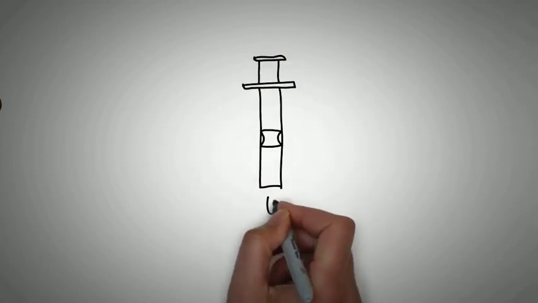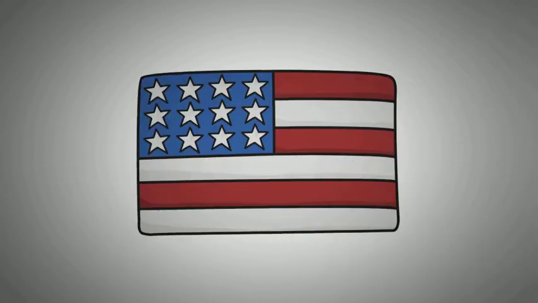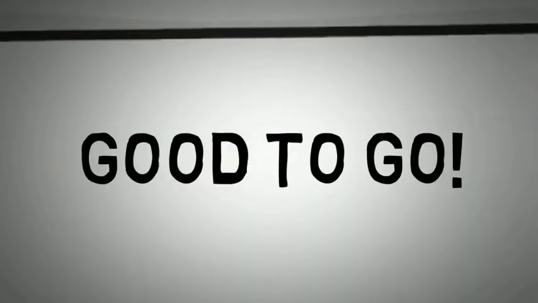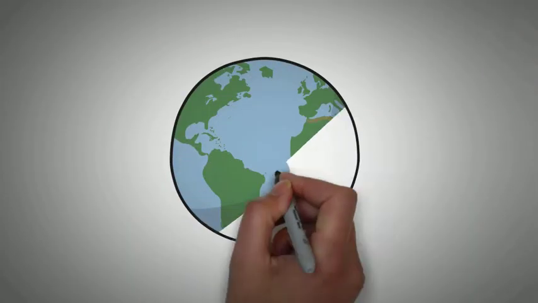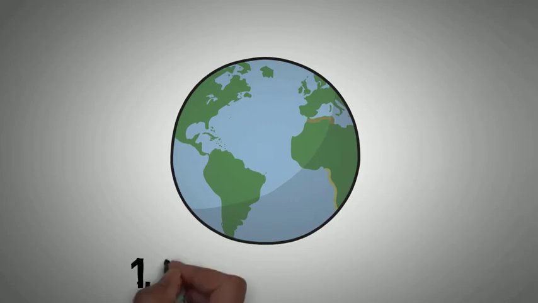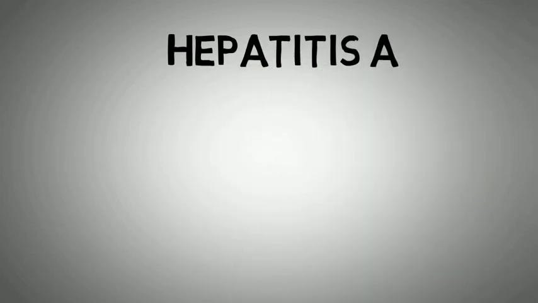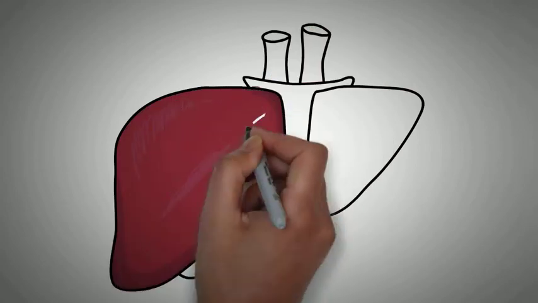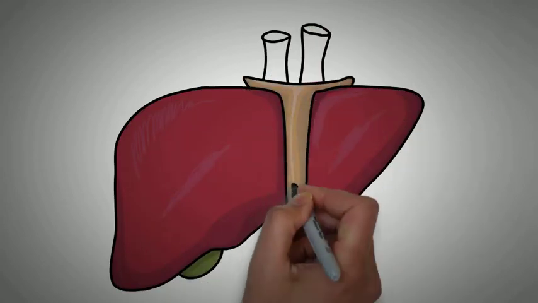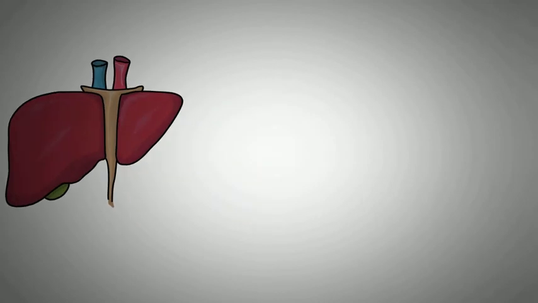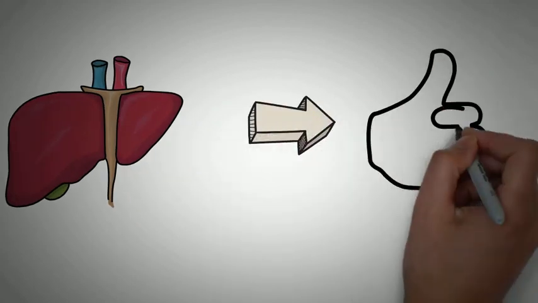Now, while there is a hepatitis A vaccine, and it has helped to make the infection rare in the United States and other developed countries, it is still commonly reported throughout the world, with more than 1.4 million cases each year. Although a hepatitis A infection can cause severe symptoms, unlike other hepatitis viruses, it rarely leads to long-lasting liver damage. People who have recovered from a hepatitis A infection typically have immunity to the virus, which means no further afflictions.